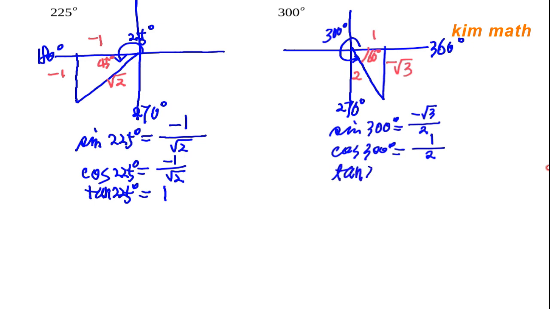Tangent 300 y over x, or just minus radical 3. Is okay? Good.